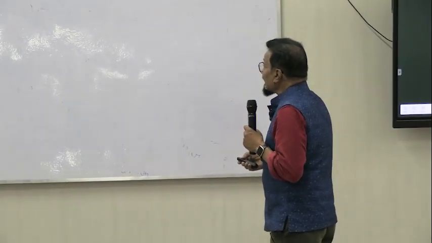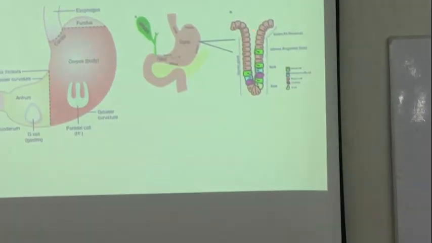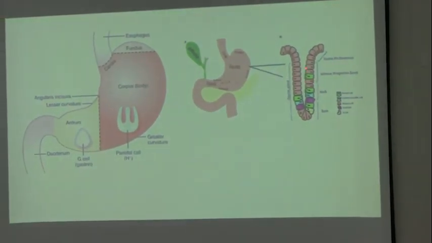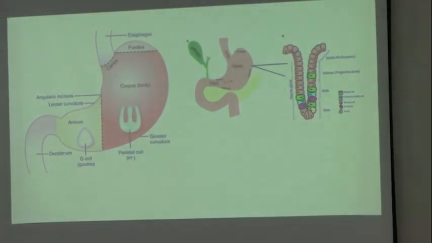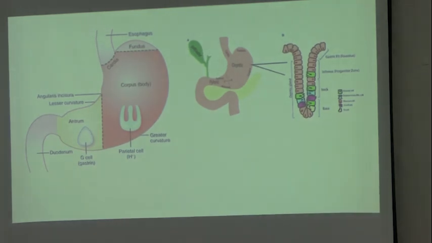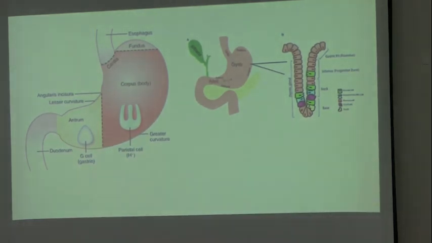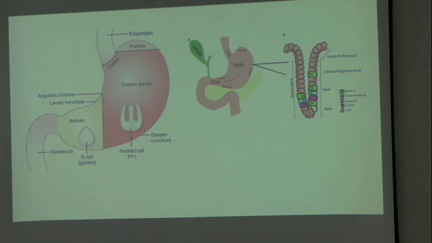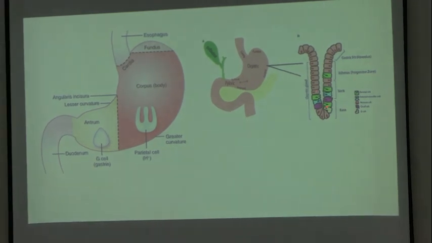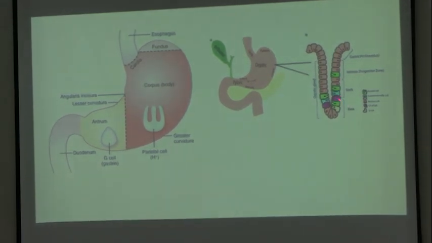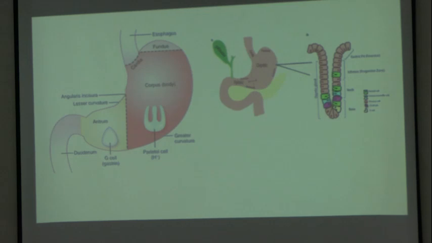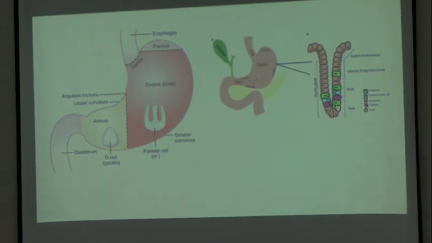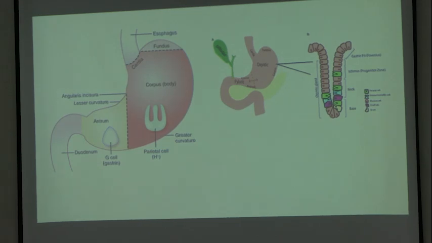These green color cells produce hydrochloric acid. So this hydrochloric acid is coming to the lumen. These are acidic. And these cells are producing pepsinogen, which is activated by hydrochloric acid into pepsin.